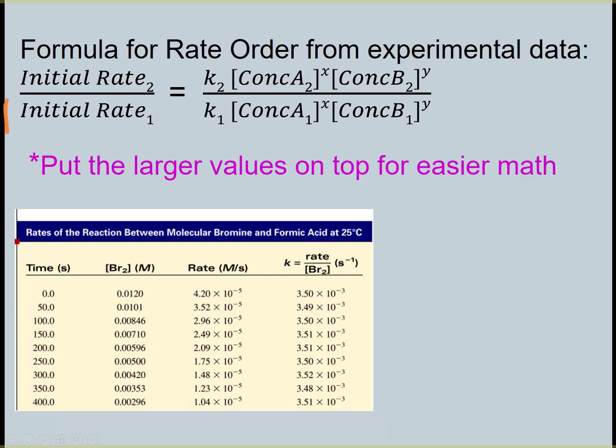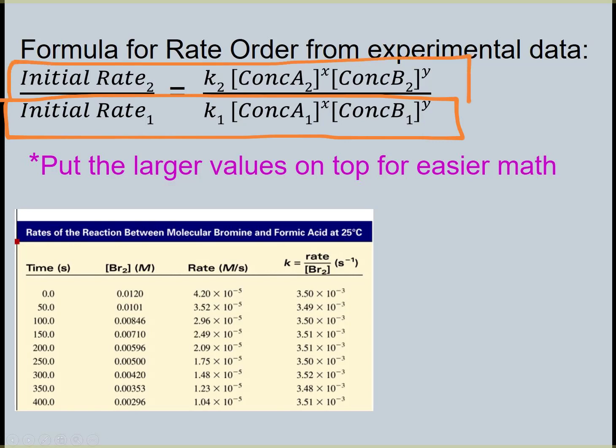Notice that I really just take the rate law and put them on top of each other. So I have my first set of data points. I'll write a rate law using this format, and then I have my second set of data points, and then I'll put them equal to each other, and then we'll cancel out what is the same, and we will end up with what our rate order is.